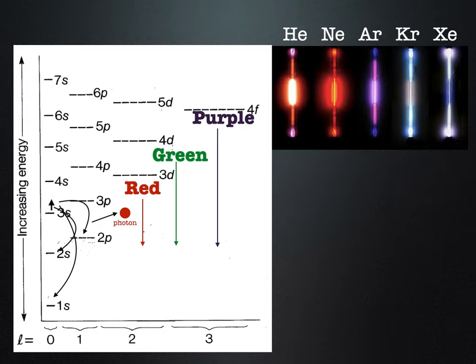So here you have several different substances, several different elements. And this is typically the process, by the way, that you get neon signs. The traditional color of neon sign is that orange because it's in fact neon. But other colors of neon signs are really not neon. They're just different gases. But because each of these elements starts with a different arrangement of electrons in the Aufbau diagram, each of them gives off a different combination of colors.